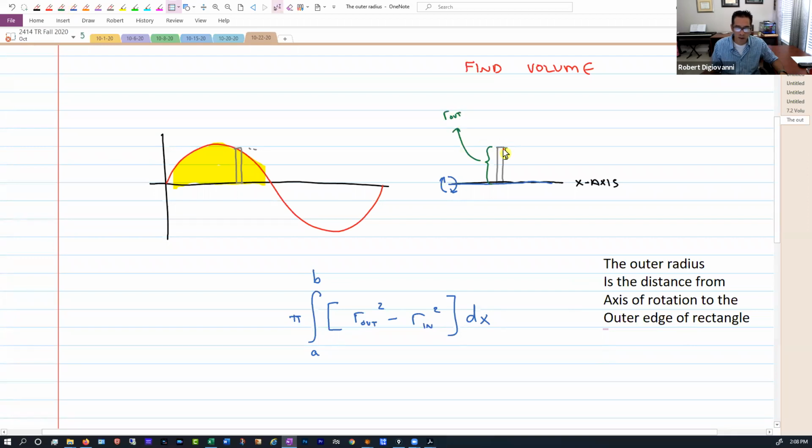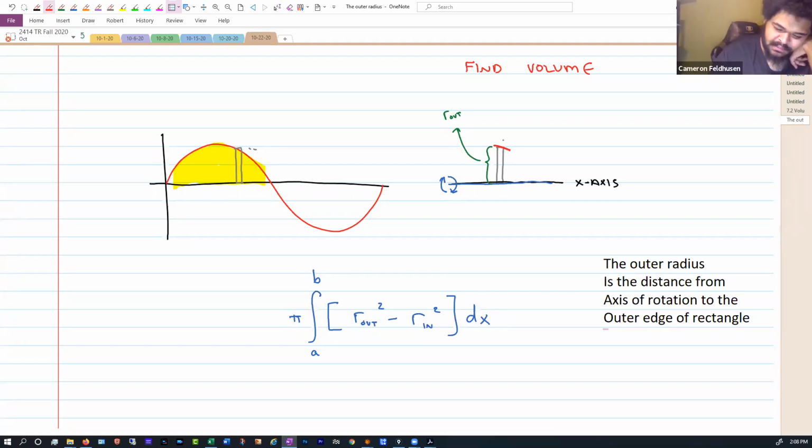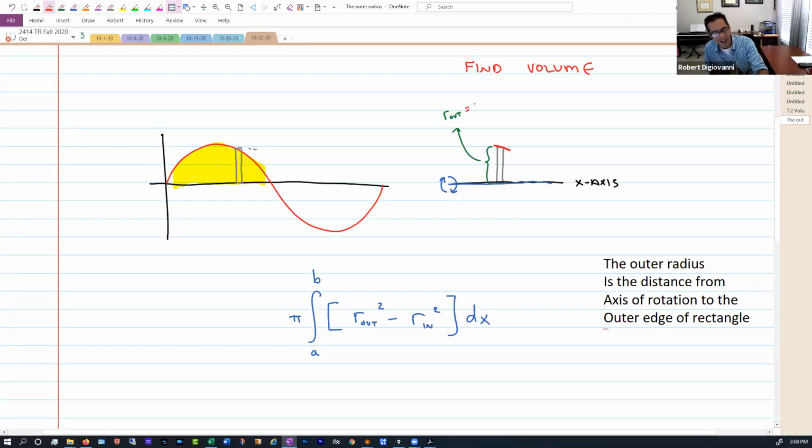Can you tell me what f of x dictates that? Is it f of x? It is. It's the function right here. It's the red part of the curve. That red curve is what dictates how far I am away from the x-axis. And what is that function for us? Sine x. So our R out is just sine x.